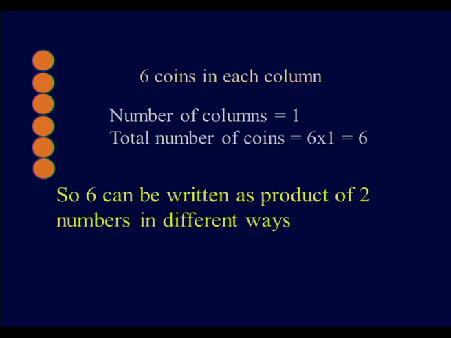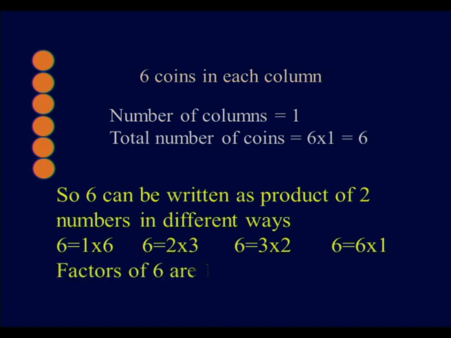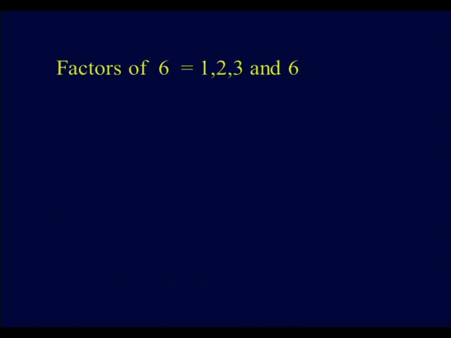So, total number of coins is 6 into 1, that is 6. So, 6 can be written as product of two numbers in different ways. How will you write? 6 is equal to 1 into 6, 6 is equal to 2 into 3, 6 is equal to 3 into 2, 6 is equal to 6 into 1. So, finally, we can say that the factors of 6 are 1, 2, 3 and 6.